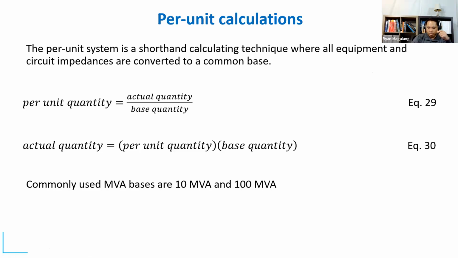Now here, the per unit method is essentially expressing the quantities such as impedances, currents, voltages, you would express that into a common base, and that makes it easier, especially when you have transformers, because in transformers, the impedance and the current is different on one side than the other side.